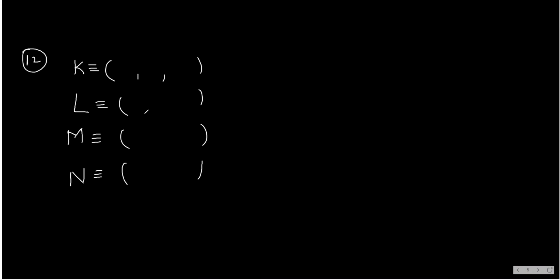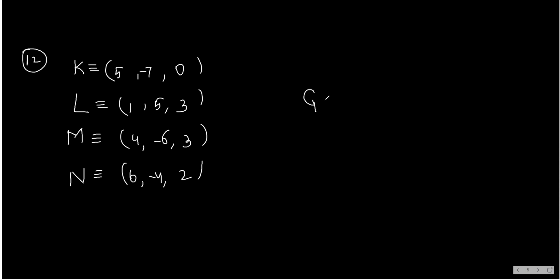These numbers are given to us. K is (5, -7, 0), L is (1, 5, 3), M is (4, -6, 3), and N is (6, -4, 2). We have to find the coordinates of the centroid.